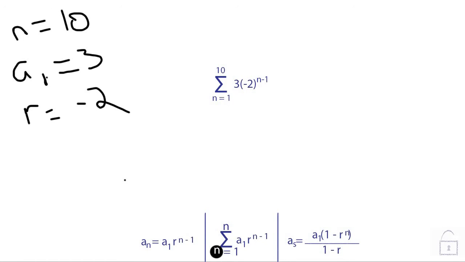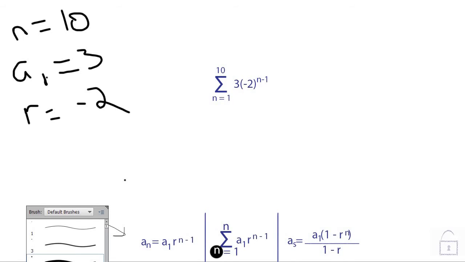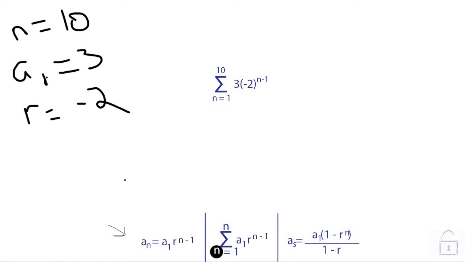Now we can go back to this first equation. My brush is super small, so let's increase that a little bit. Alright, looking at this first equation, we need a1, check, r, check, and n, check.